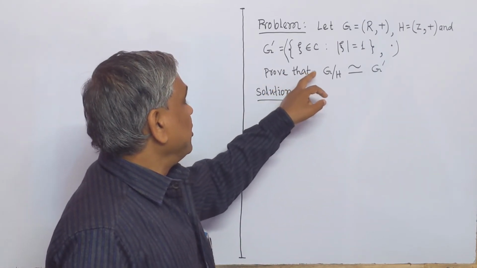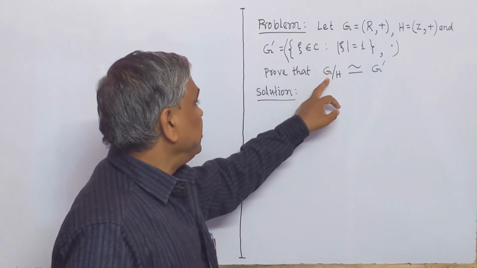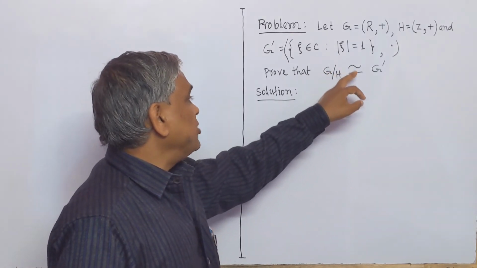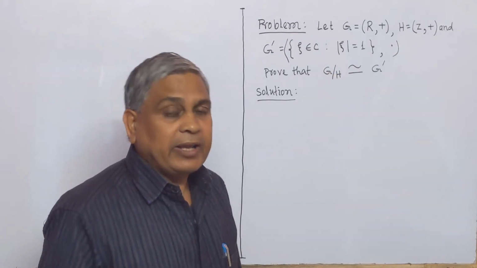Prove that the quotient group G by H is isomorphic to G prime.